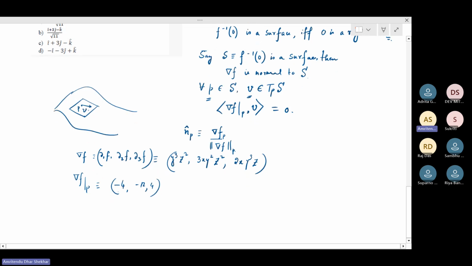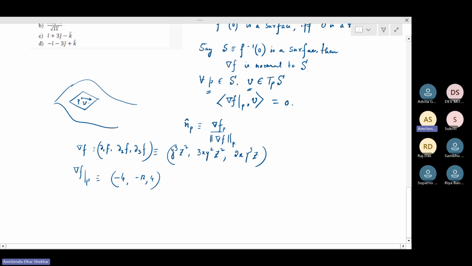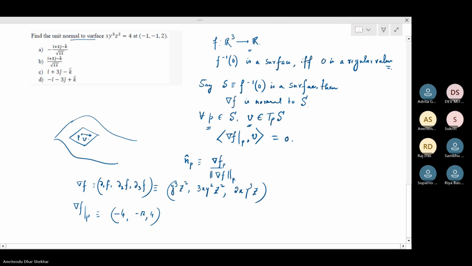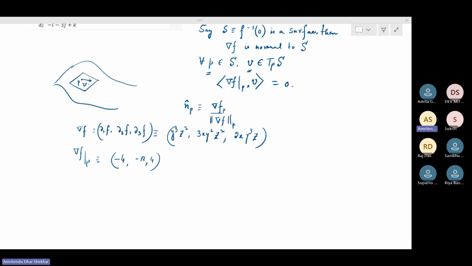Just writing the vector as this triple, and then of course you can compute the unit normal to the surface. Okay, if you have any questions, feel free to ask me. All right, let's proceed.